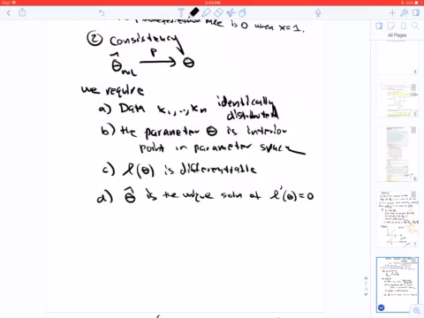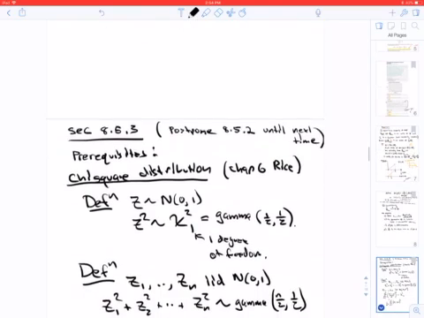Your data points need to be identically distributed. The parameter theta needs to be an interior point in your parameter space. Your log likelihood function needs to be differentiable and have a unique solution when you set the derivative equal to 0. For the most part, we're going to assume these things are true in the examples that we look at.